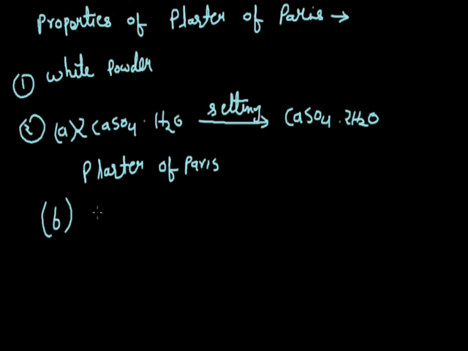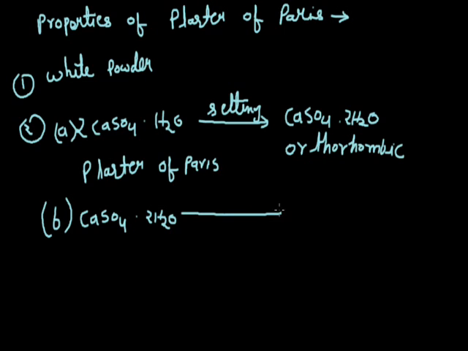In the hardening step, the orthorhombic form, CaSO4·2H2O, is converted into the monoclinic form, CaSO4·2H2O.